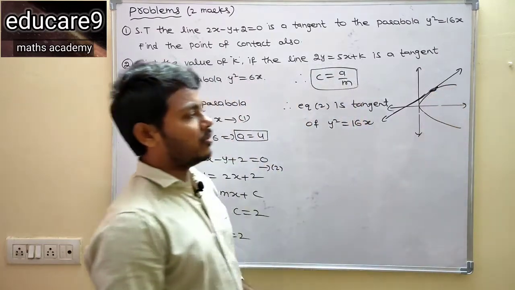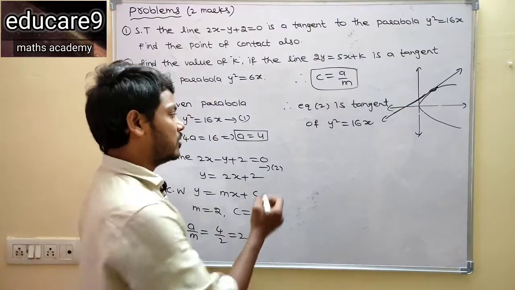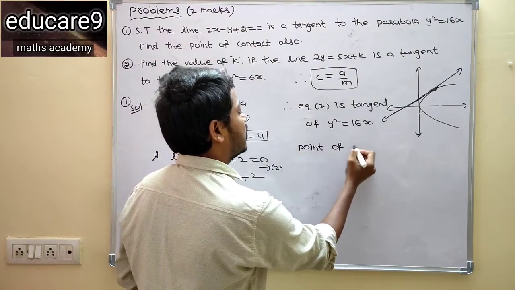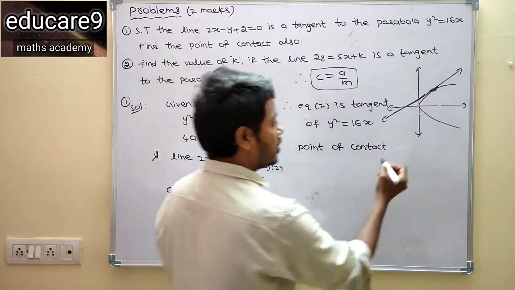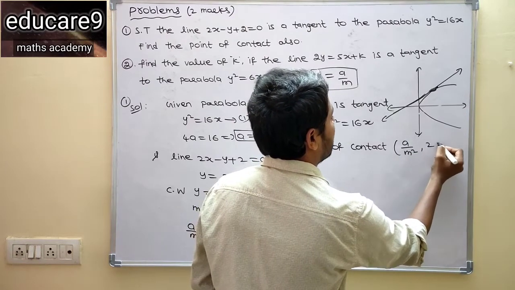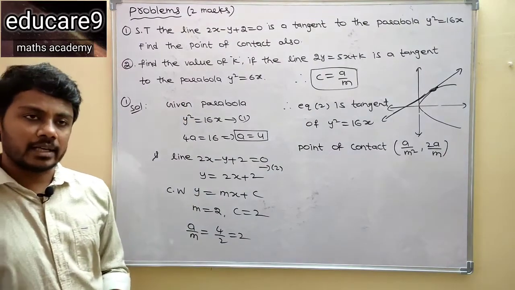Now you need to find this point of contact. So here you know that the point of contact is a by m square comma 2a by m. So this is the point of contact form.